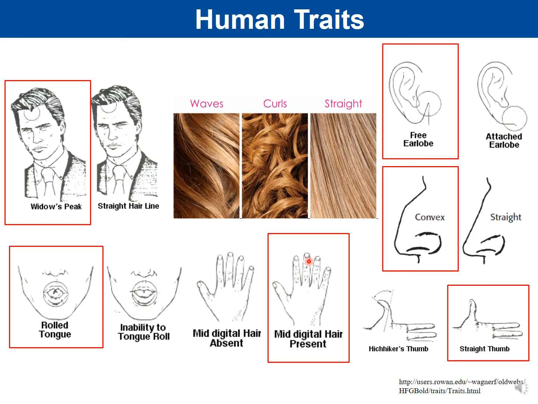If you are unable to roll your tongue, so you cannot put it in a taco, do you know your genotype? Notice there's no box around it, so that's the recessive phenotype. So if you're unable to roll your tongue, that means you do know your genotype. You would have to be homozygous recessive.